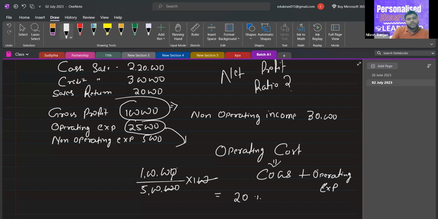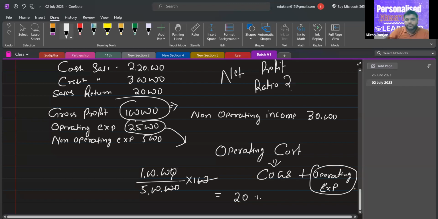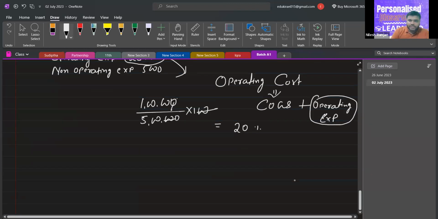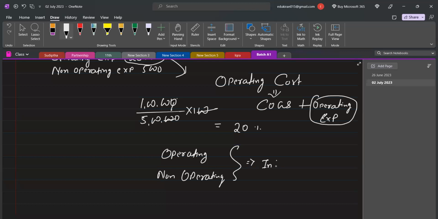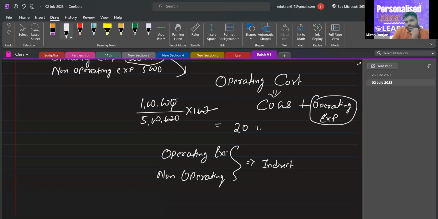So in profit and loss account, whatever we write there, there are some operating expenses and some non-operating expenses. Both of these are called indirect expenses.